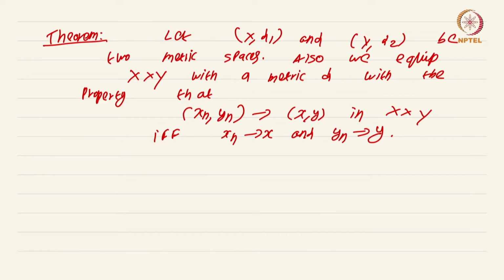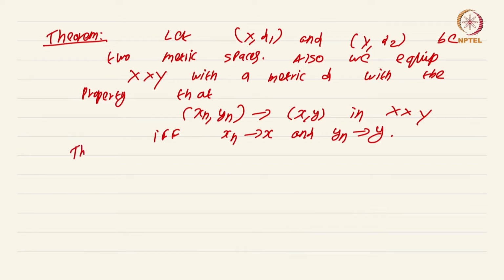Then the claim is that you can completely characterize the topology of X cross Y just from the data that you have put a metric with this characteristic property, the natural one that you would expect from a product space, that a pair of sequences converge if and only if componentwise they converge.